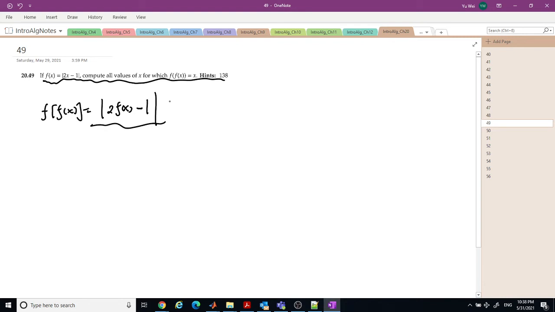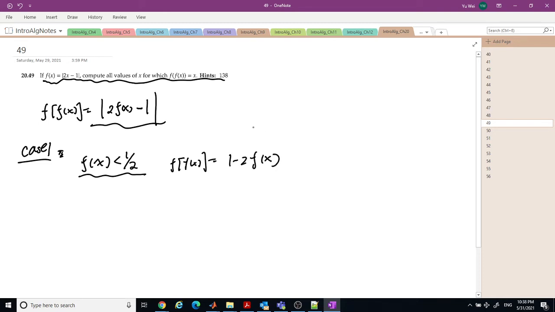Now we divide the case into two different cases, right? We have case 1, where f(x) is less than 1/2. So now we know f of f(x) becomes 1 minus 2f(x).